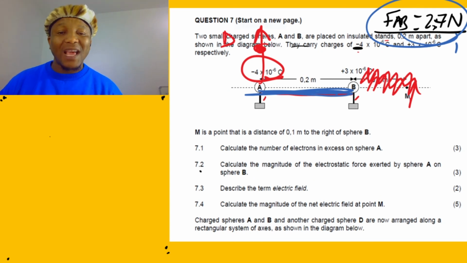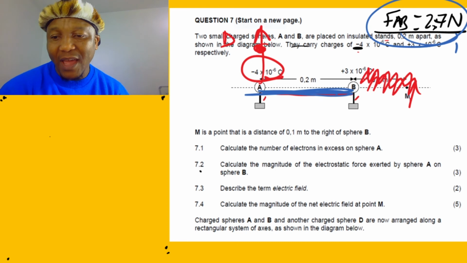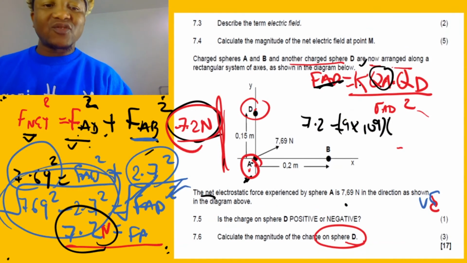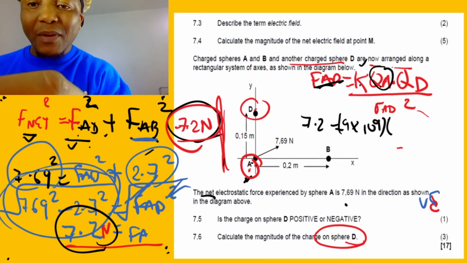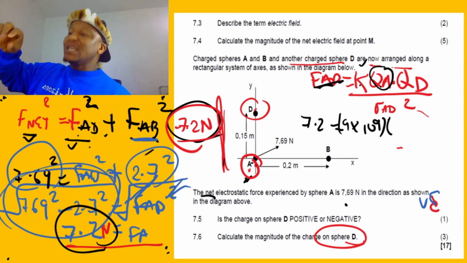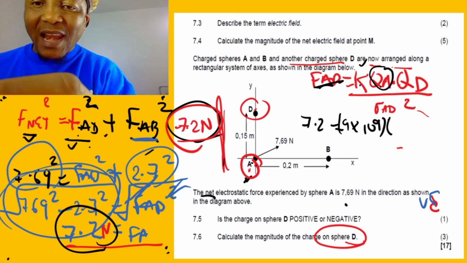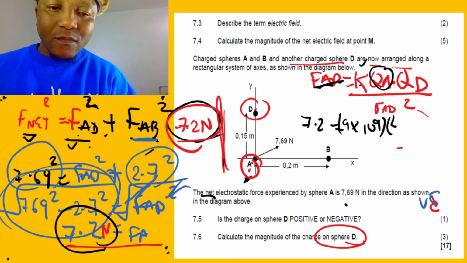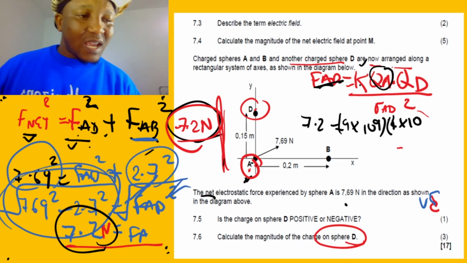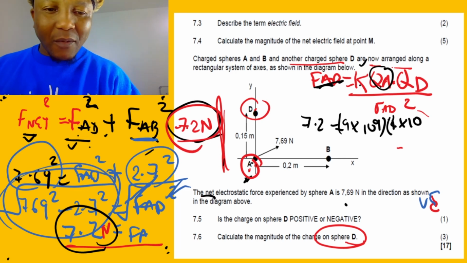But I have to ignore the negative, especially when you deal with a force. Like I say, just ignore the negative, don't let it stress you. If you deal with a force, I'll say it again, but for electric field, involve your sign. So I'm not going to write that negative. I'll simply say 4 times 10 to the power negative 6. But now we want to get what?